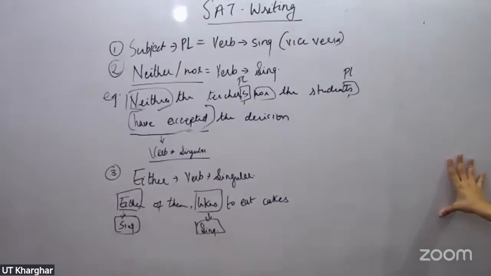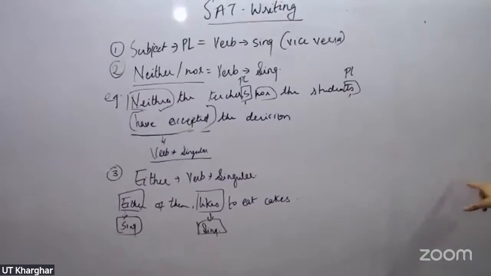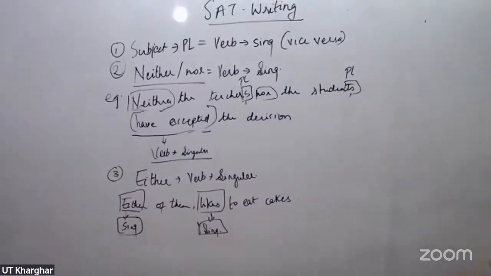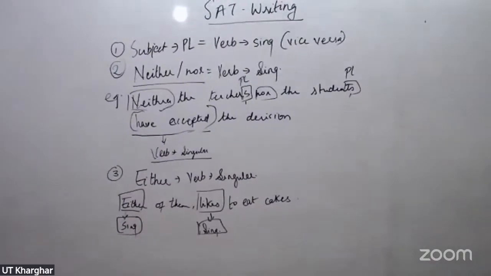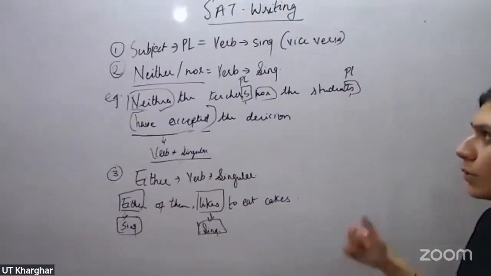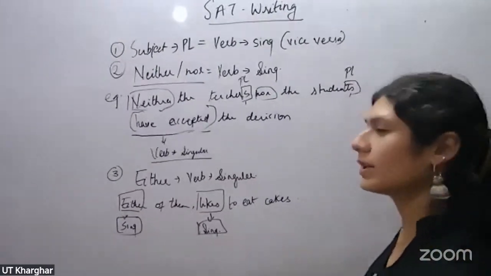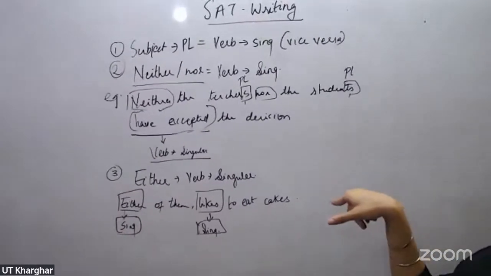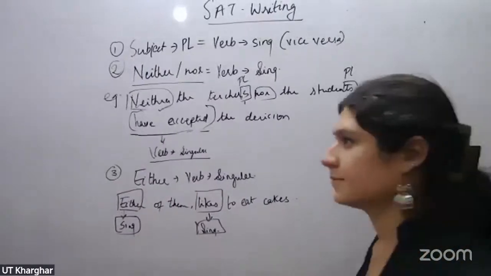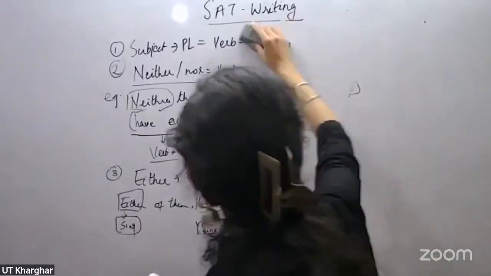It is not like the reading section. It is quite easy if you have a good hold on your English language and you have already done the subject and verb agreement in your school. So as you just go through the questions, you'll find it quite easy. You can do that at home, and in the next class, I will be randomly asking you questions and you'll give me the answer. Okay, so should I erase this? Have you made a note of this? I have some examples for you.